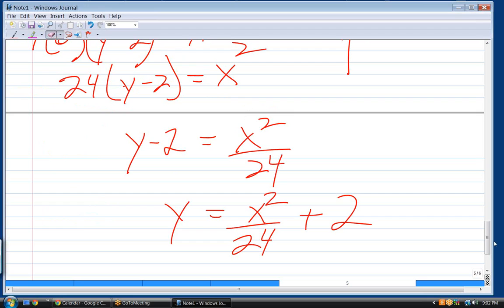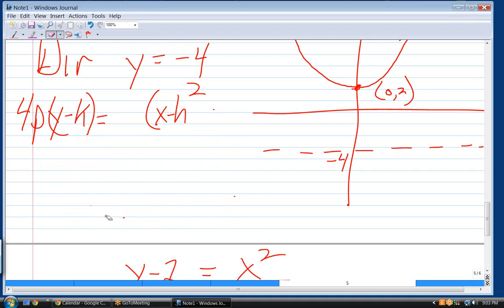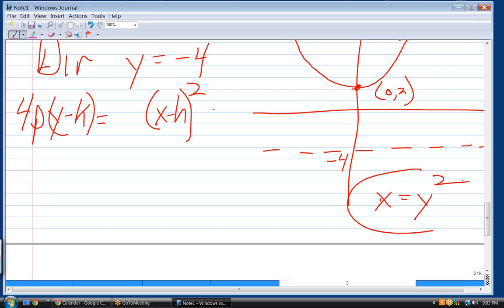Well, it fits the format. In other words, notice the format. The 4p is always with the variable that is not being squared. Let's go back a moment. There's two formats, just like ellipses have a format for vertical ones and a different format for horizontal ones, same with parabolas. If I have a parabola that opens horizontally, then this is not y equals x squared, this is x equals y squared.